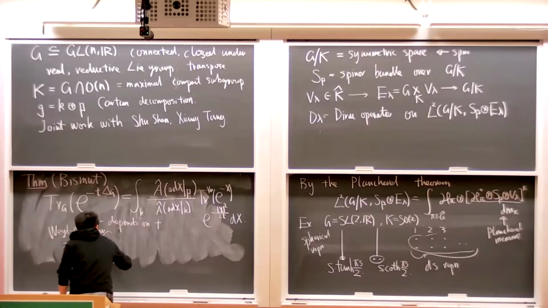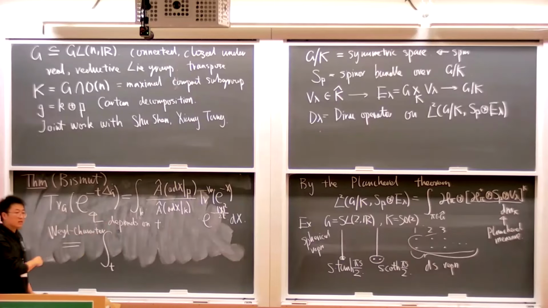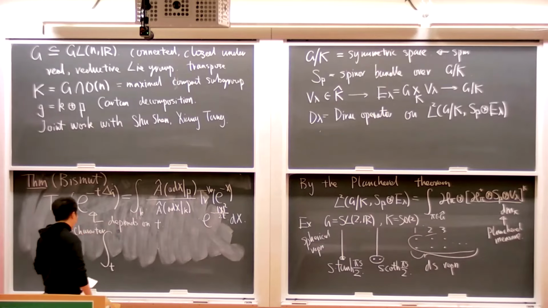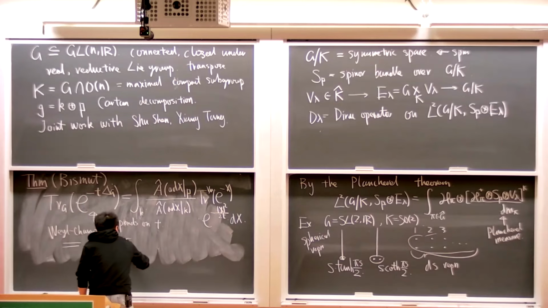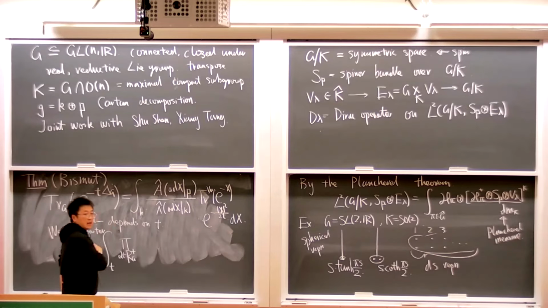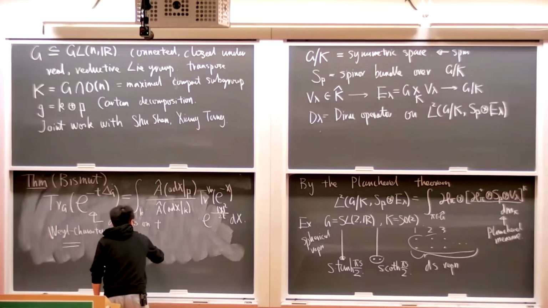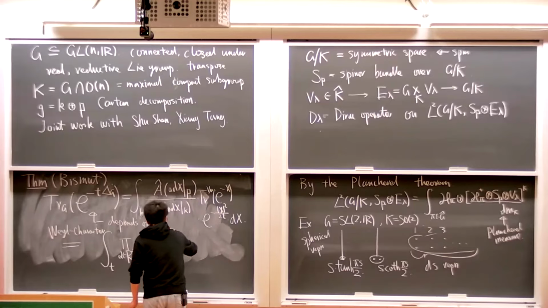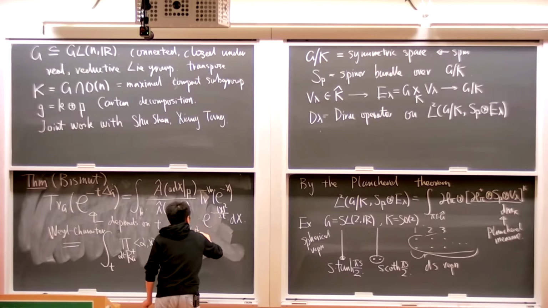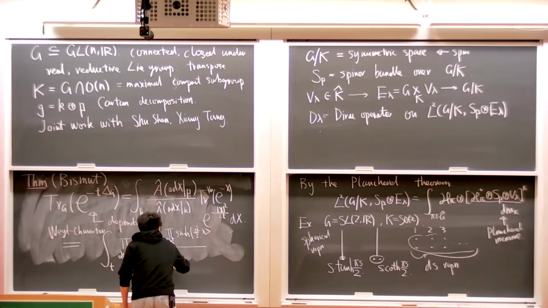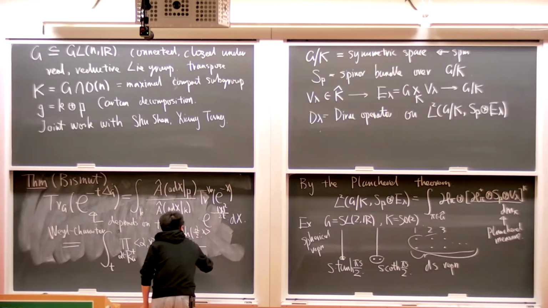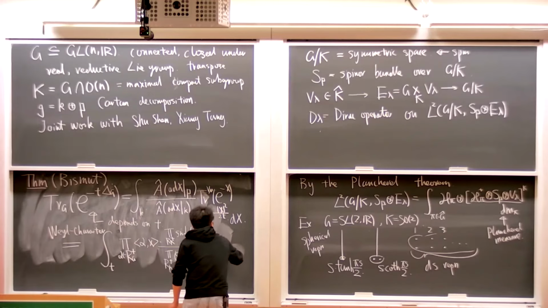So this can be written as an integration over t, where T is the maximal torus for the maximal compact subgroup K. And this is the polynomial term, a product over all the positive roots alpha of alpha(x), and then times all the compact roots of sinh of alpha over 2 of x, over all the non-compact roots sinh of alpha over 2 of x, times e to the minus x squared plus 2t plus some shifting mu, plus mu of x, and dx.